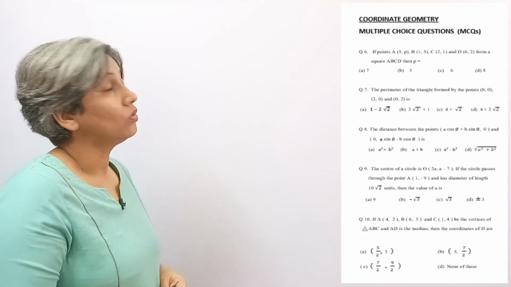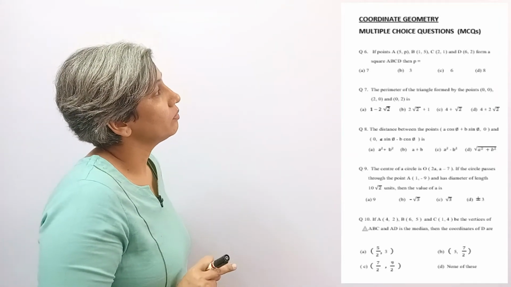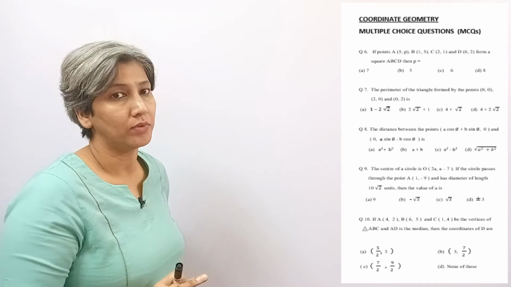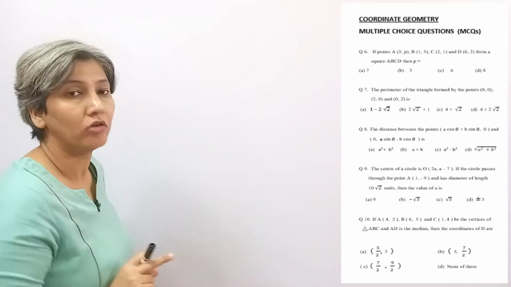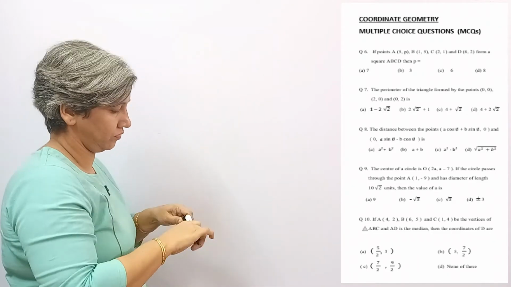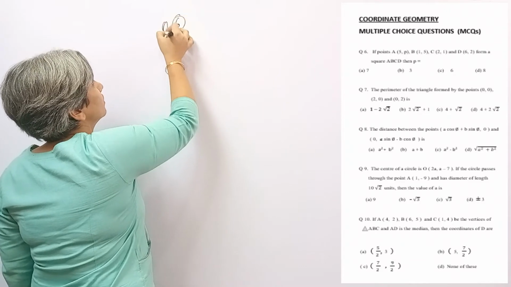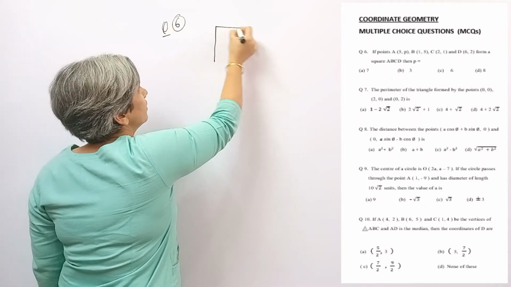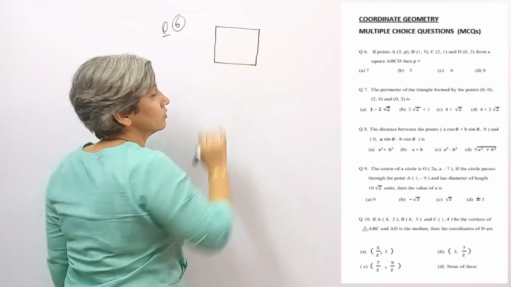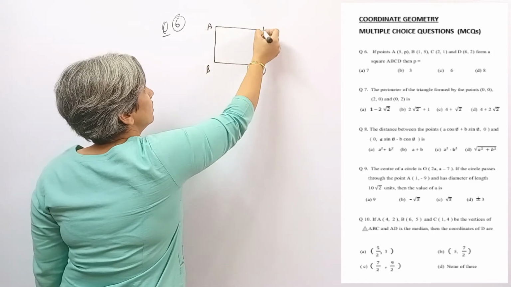So let's do question number 6, which says if points A, B, C and D form a square ABCD, then find the value of P. Question 6, we're given ABCD as vertices of a square, right?